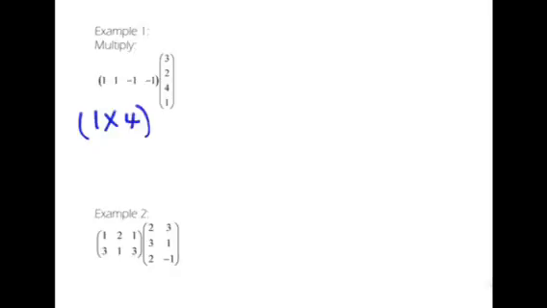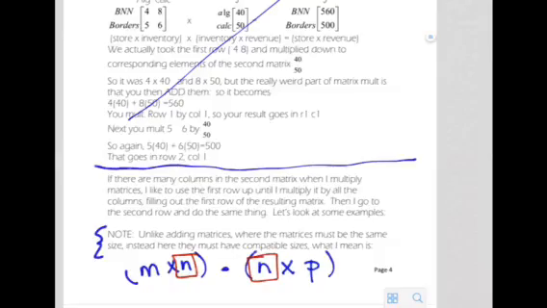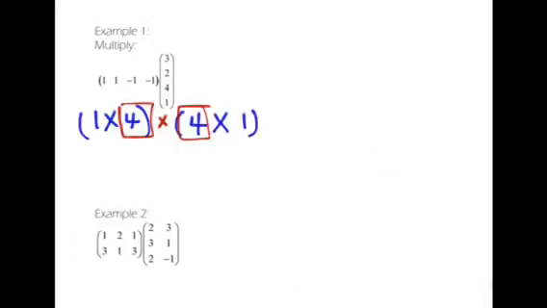The second matrix has 1, 2, 3, 4 rows and only a single column. What you were looking for is if this number matches this number. It does. What ends up happening is that these cancel out and you end up with a 1 by 1 matrix.